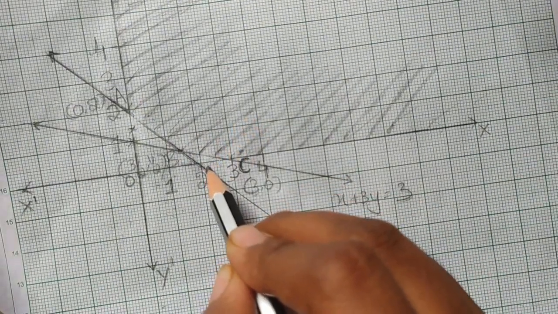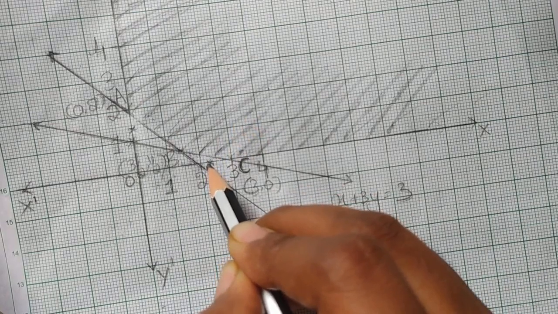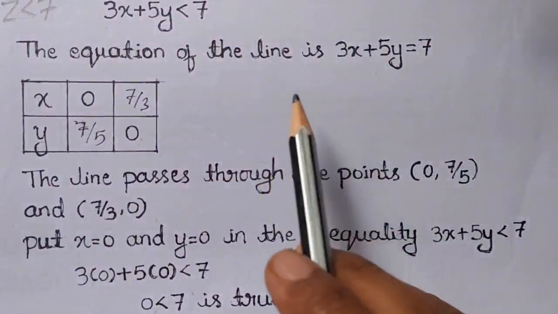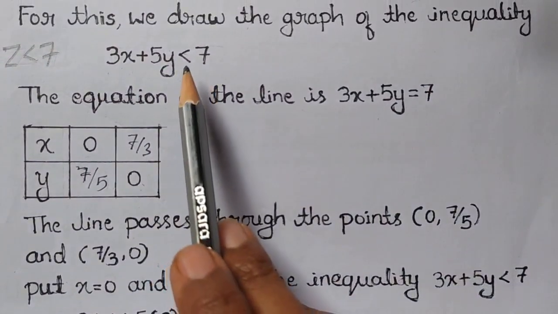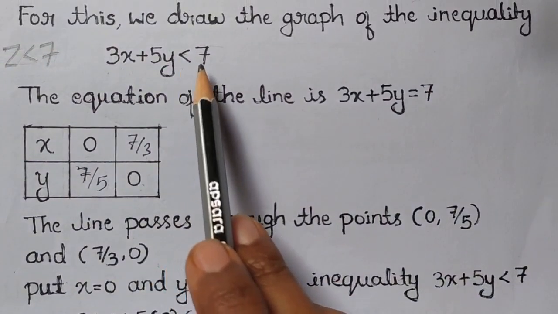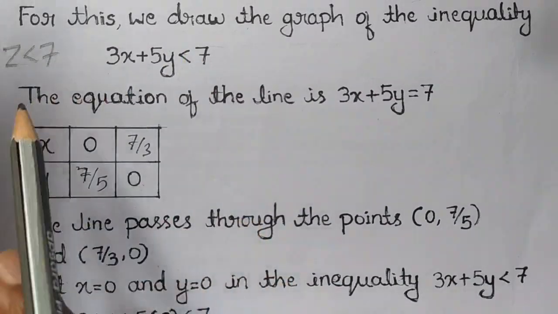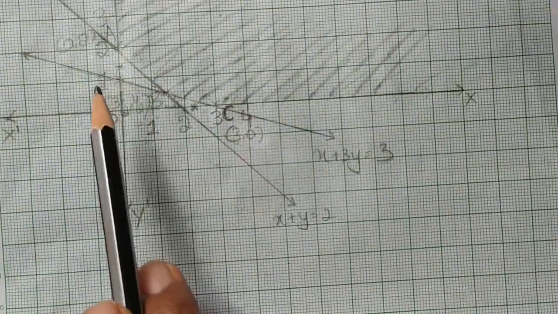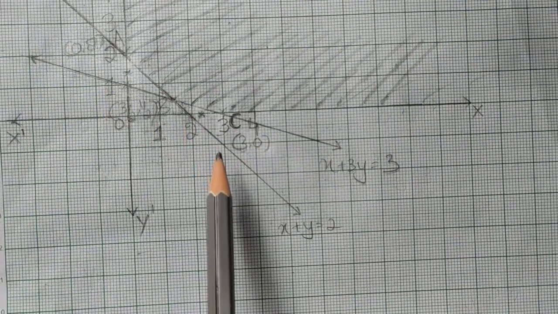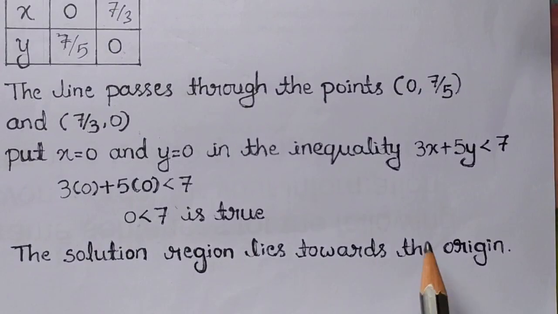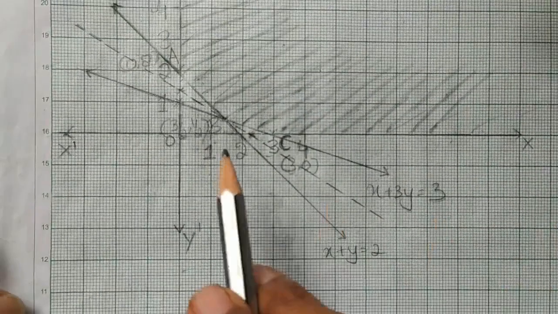So (2.33, 0). Also, the inequality is a strict inequality. It does not contain the equality sign. So we draw a dotted line passing through these points. I'll draw the line.